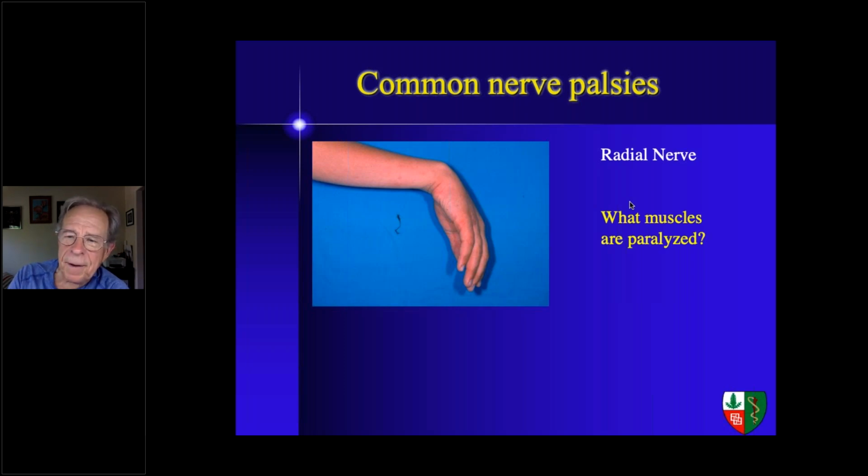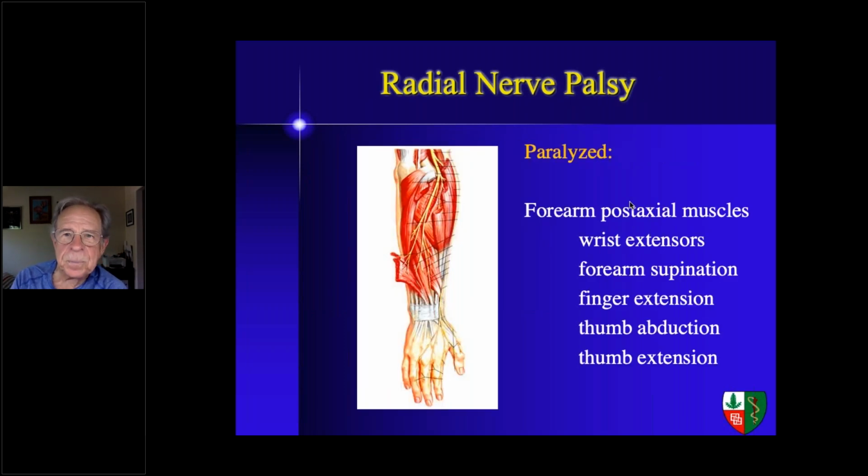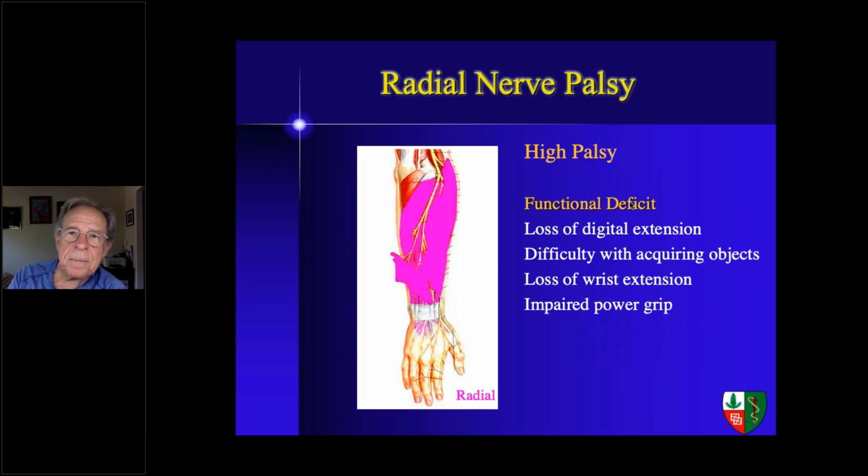So we want to identify what muscles are paralyzed. Well, in a radial nerve injury, a high one, all the forearm postaxial muscles, wrist extensors, forearm supinators, finger extension, thumb abduction, thumb extension, these are the muscles that are paralyzed. The next question is, what's the functional deficit?